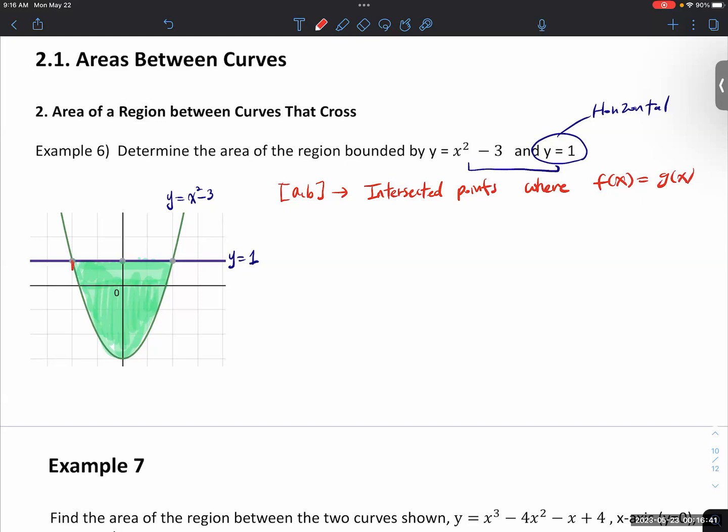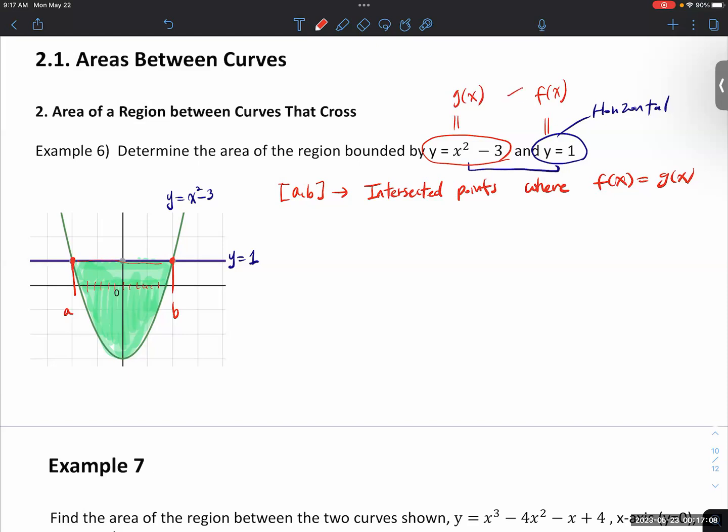So these two are the intersection points: this is going to be A, this is going to be B. Wait, did we check which one is f and g? Any point between A and B, purple is always higher than the green one, right? So therefore, purple is going to be your f function, and this quadratic will be your g function.